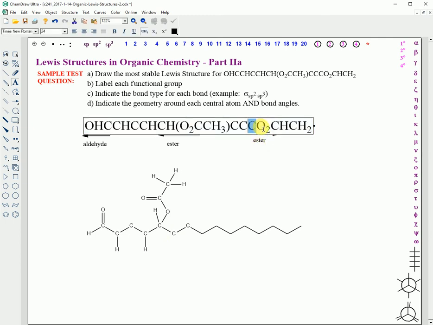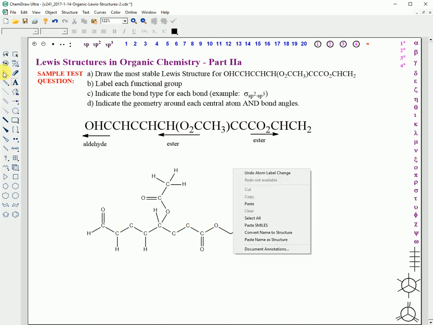Then we come up to the carbonyl of the next ester, which is followed by an O to make it an ester.